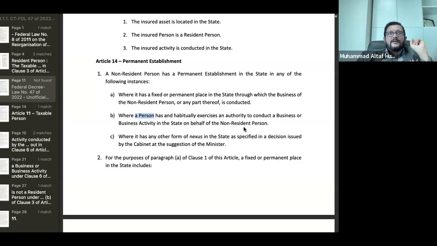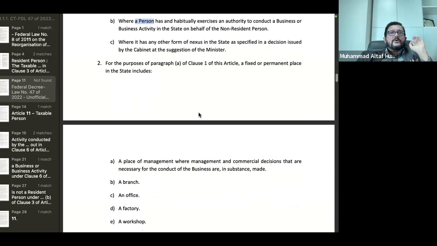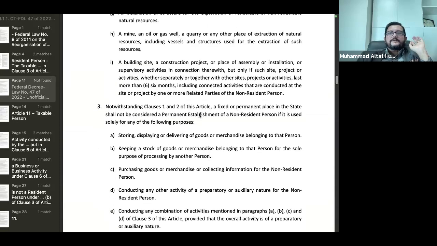Third, where it has any other form of nexus in the state as specified in a decision issued by the cabinet. That is immovable property. Until today, that nexus is restricted to immovable property. So even under Article 14, the nexus matter has been restricted to this cabinet decision. So I think they will have a very strong case to defend themselves against digital nexus.